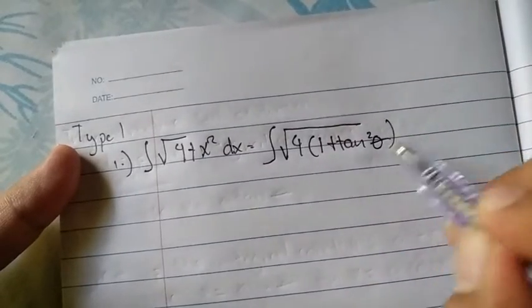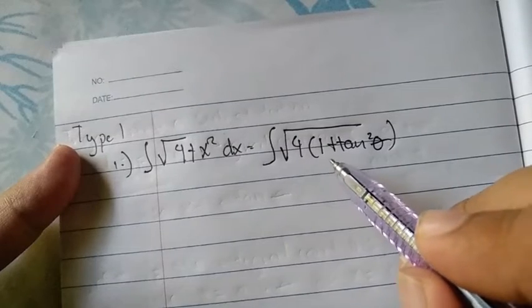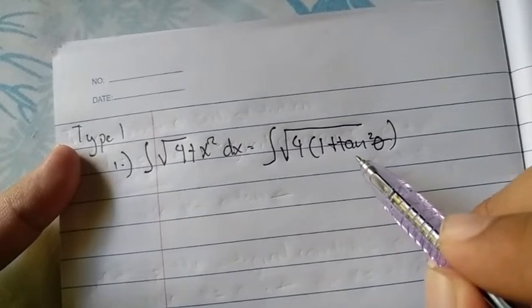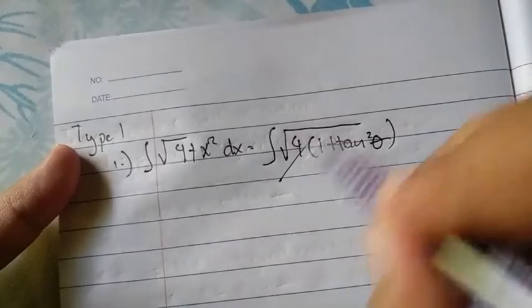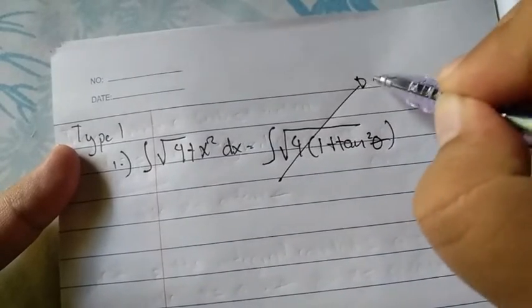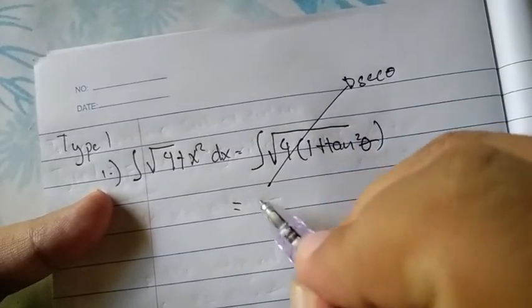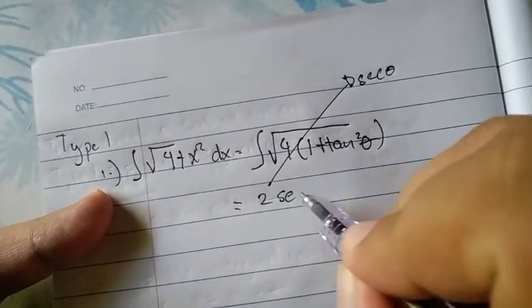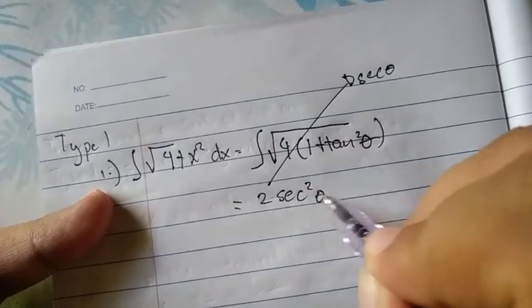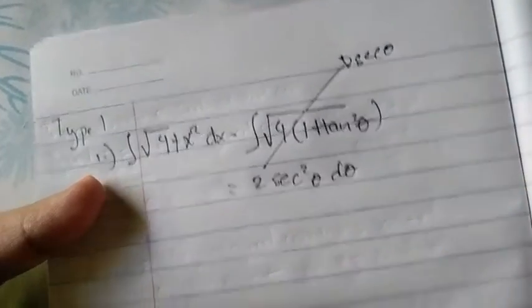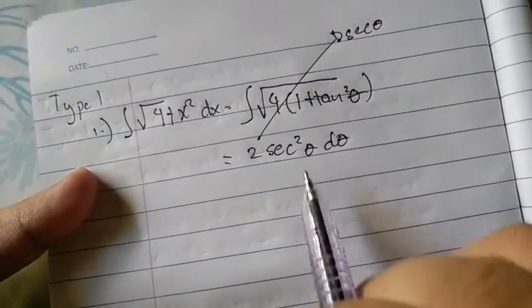By the way, the equivalent of 1 plus tan squared theta will be secant squared theta. And this will be 2 secant squared theta d theta.